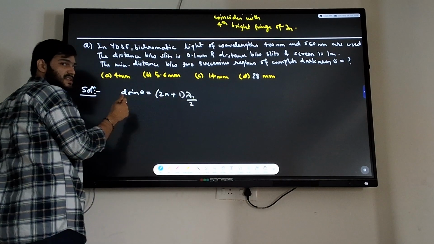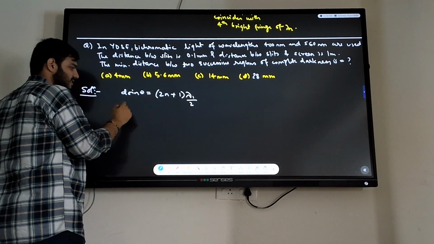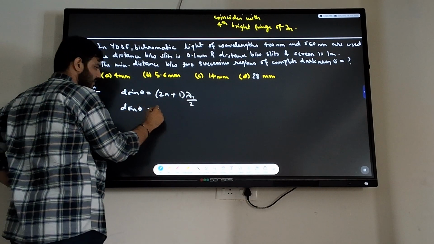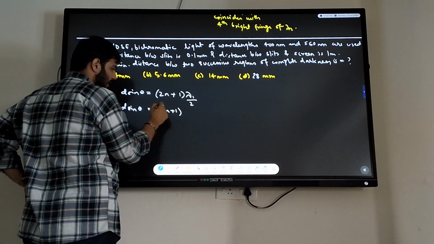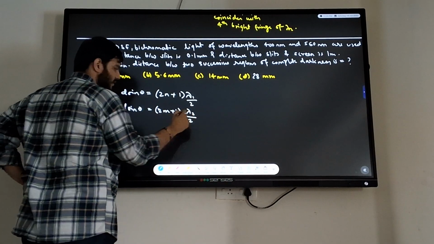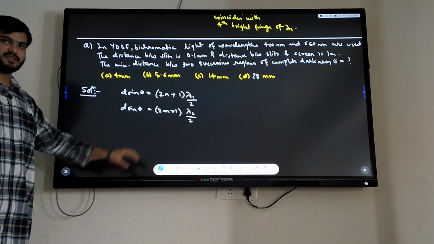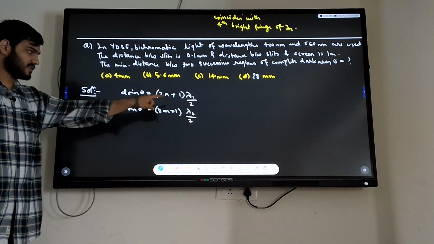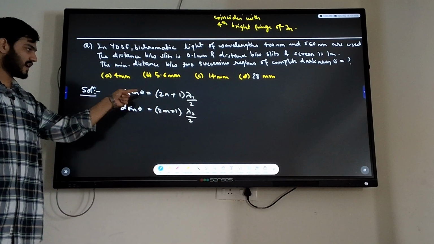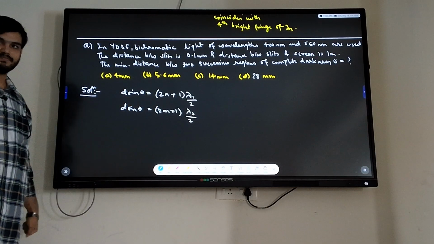This is the path difference. And let's take d sin theta should be equal to 2m plus 1 lambda 2 by 2. I am taking n and m here. These are the conditions of complete darkness. Your dark is on the dark because the angle theta subtended is same.